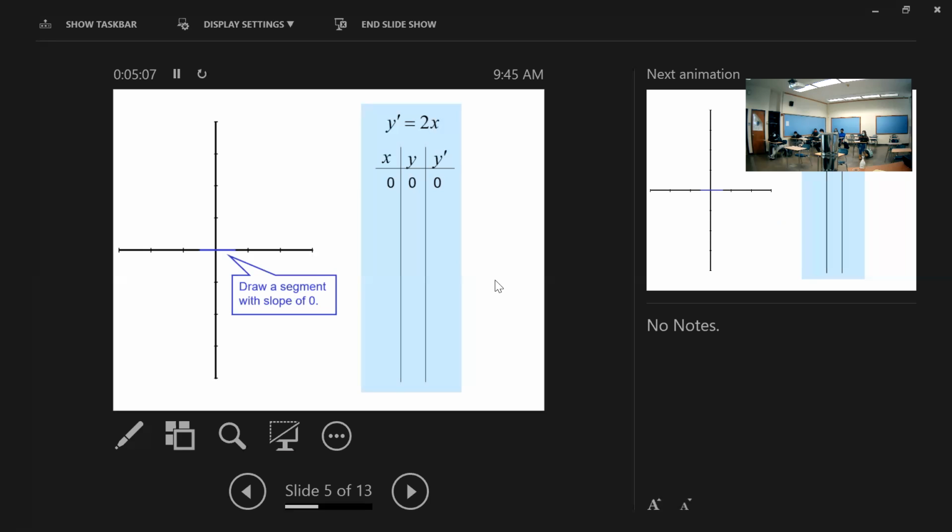Then what? Well, you notice that it doesn't matter what the y is. On the y-axis for this function, all the slopes would be 0. So you just draw them like that. And then we go to a different x value. So we go to x equals 1.